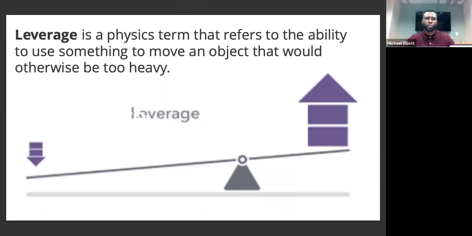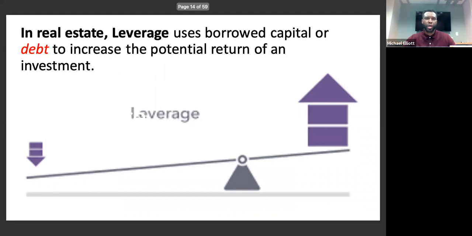We're going to take it back a little bit to high school physics, where we talked about leverage. Leverage is a physics term that refers to the ability to use something to move an object that would otherwise be too heavy. For most developers, for just anyone, think about a home we're looking to purchase.